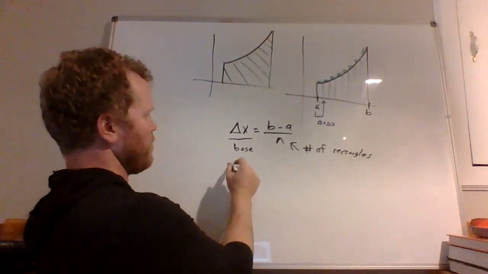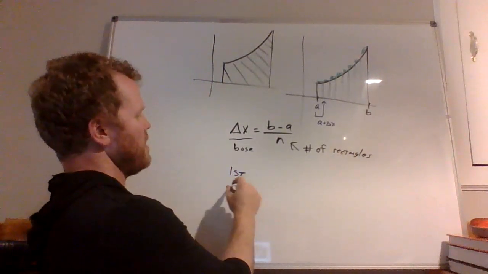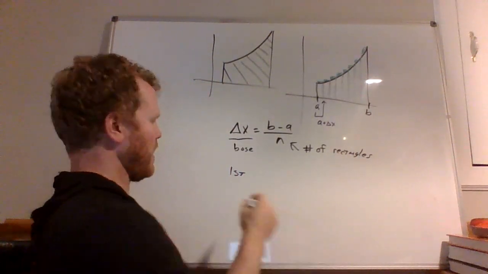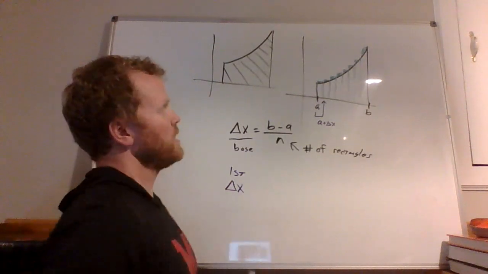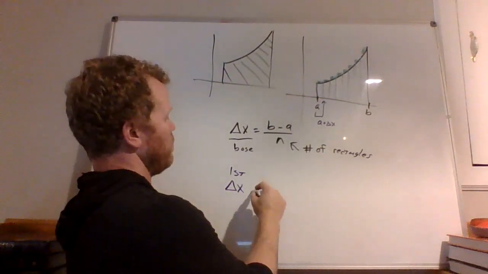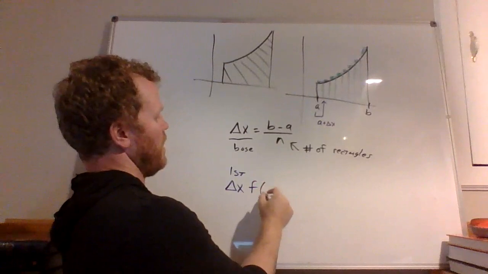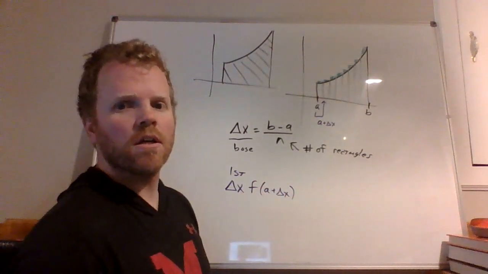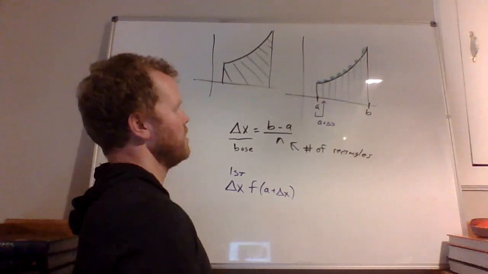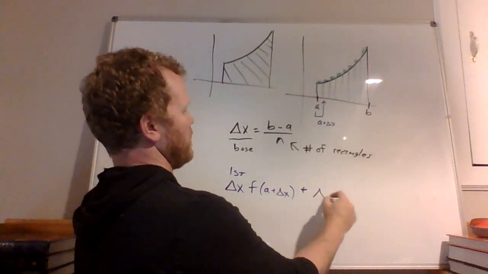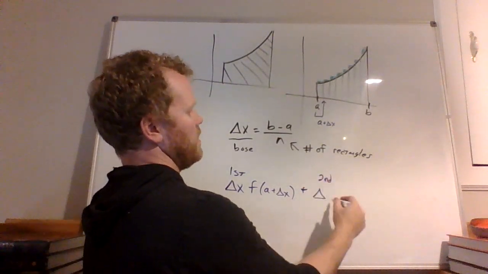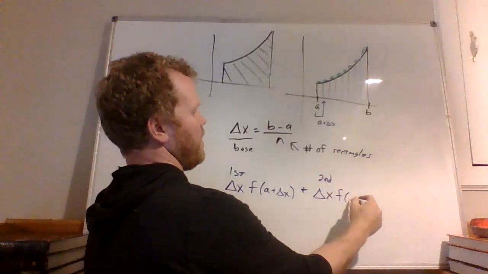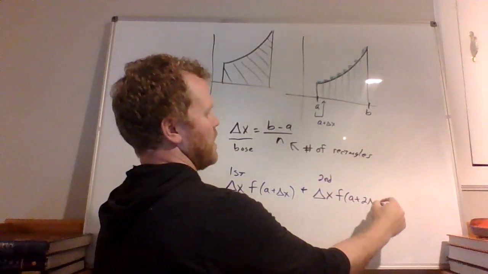So the first little rectangle is going to be base, which is delta x, times height, which is f of (a plus delta x). The second rectangle is going to be delta x times f of (a plus 2 delta x's).